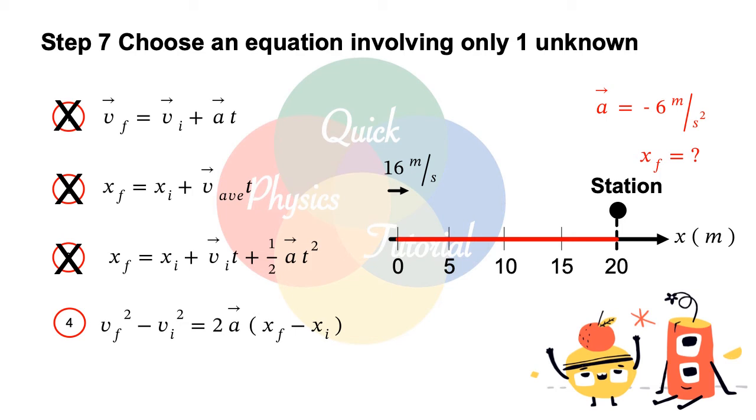Now we only have one equation left. In equation 4, the only unknown variable is the final distance xf. The rest of the variables are given in the problem, like the Vf, Vi, a, and xi. So we can use equation 4 to solve for letter C.